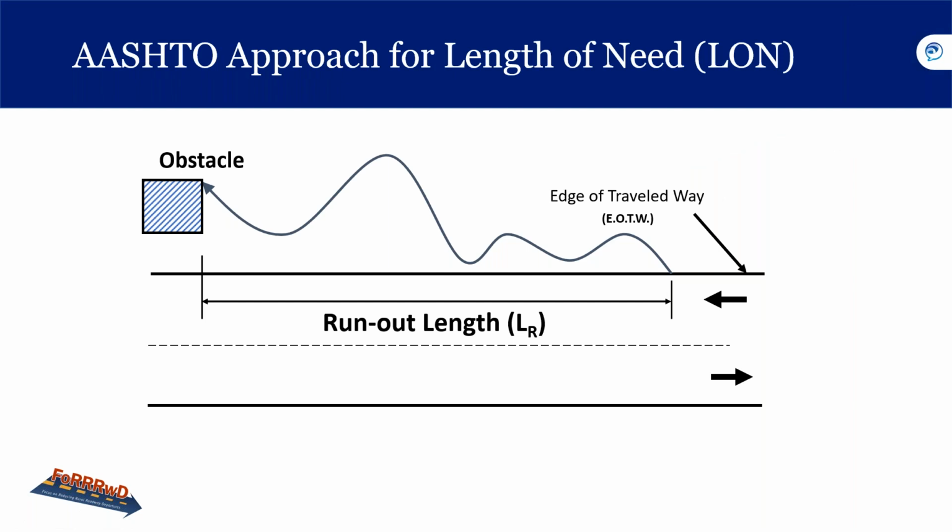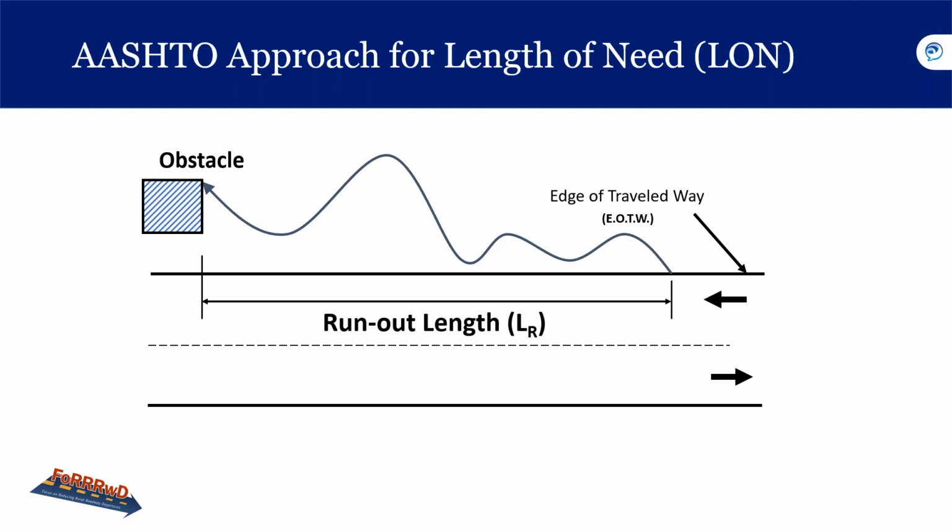So there is an AASHTO approach for developing the length of need. If we take a look at this picture here, in order to hit a roadside feature, a driver has to run off the road at some distance ahead of the feature and at some particular angle.